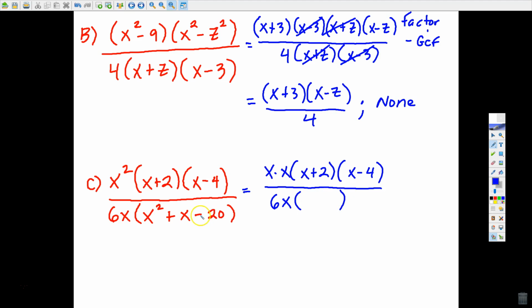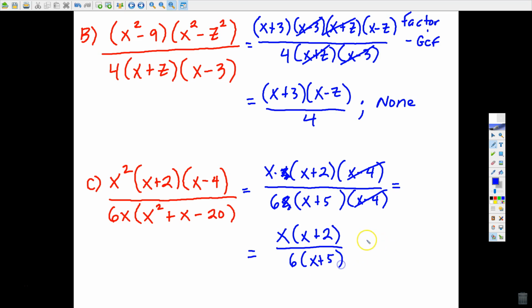There are factors of negative 20 that add up to positive 1, and that's positive 5 and negative 4. Now look to cancel matching factors like x minus 4, like x, and now you just write everything that is not marked out. X times x plus 2 divided by 6 times x plus 5.